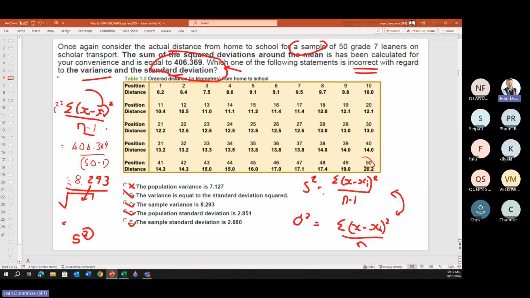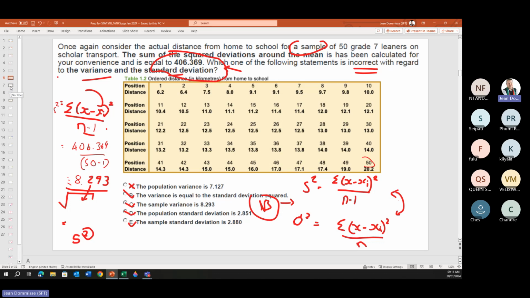The difference is that the sample uses n minus 1, whereas the population uses n. This is a very important formula in the instance that they give you that top part, so that you need to know what to divide with.